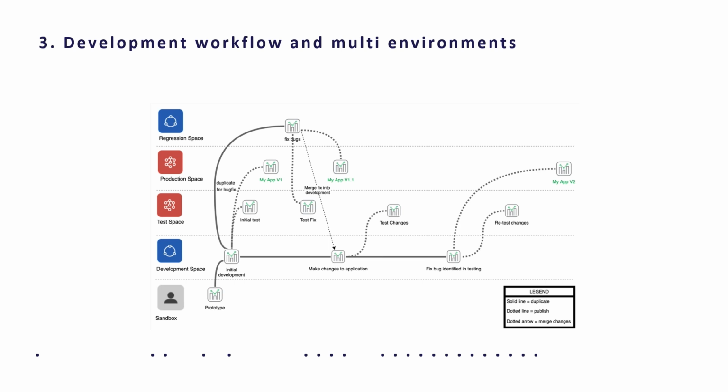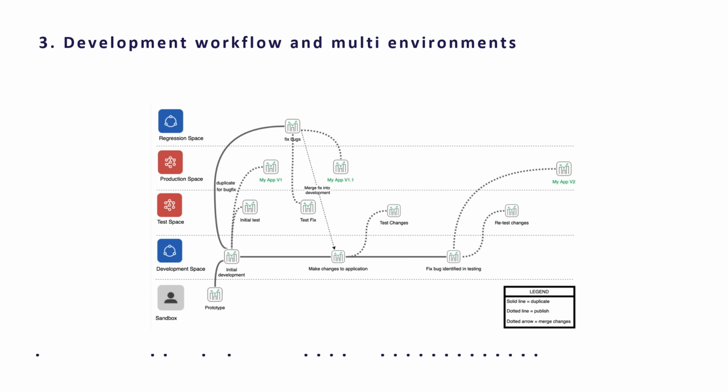Just for information, the blue icons are shared spaces where developer teams can collaborate and develop applications, and the red ones are managed spaces where the developed application is published and used. So how could the development workflow look? A developer starts building an application in personal space, a sandbox at the bottom.